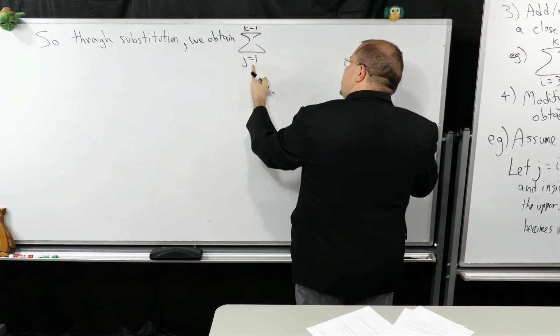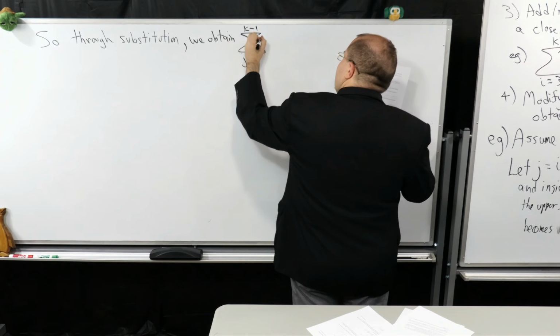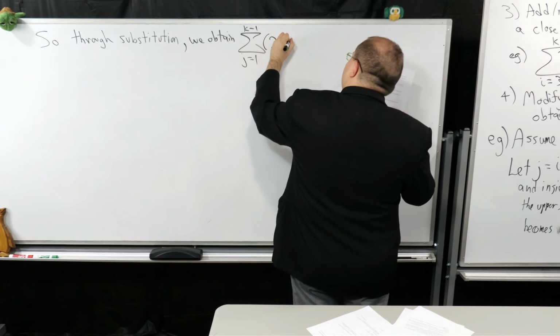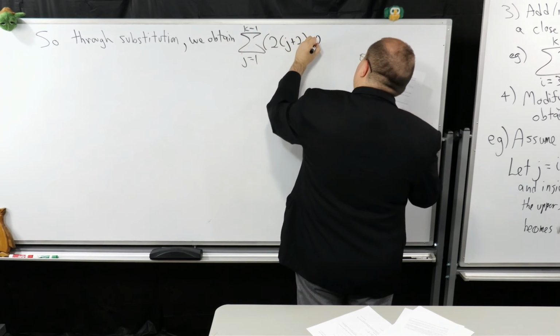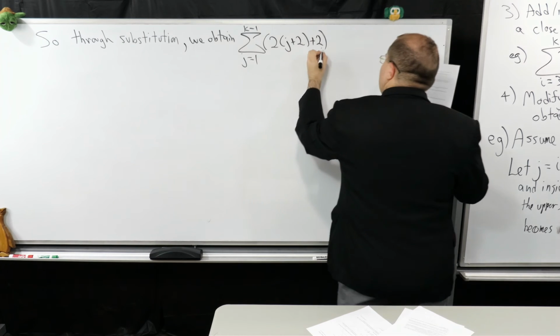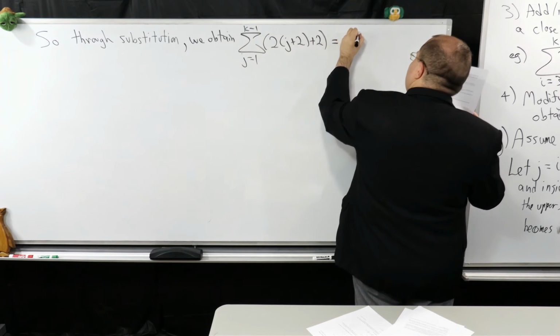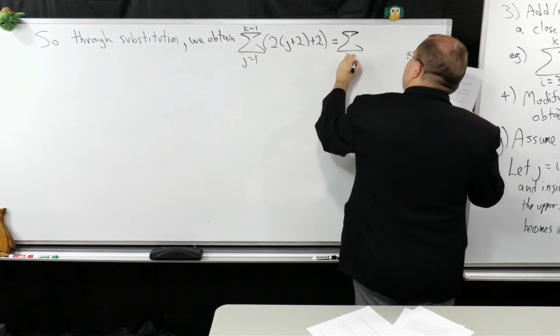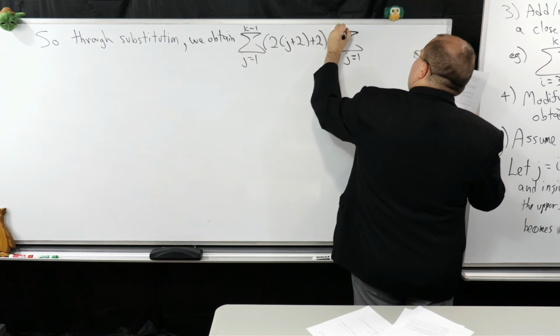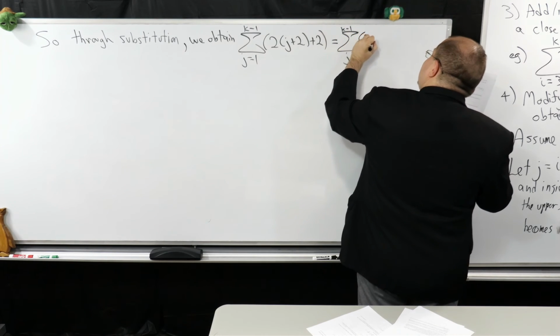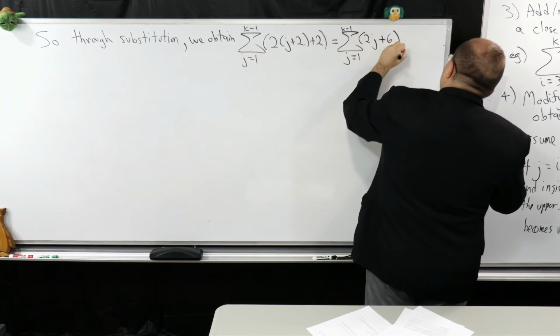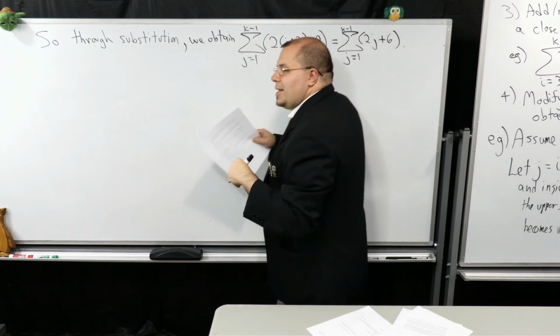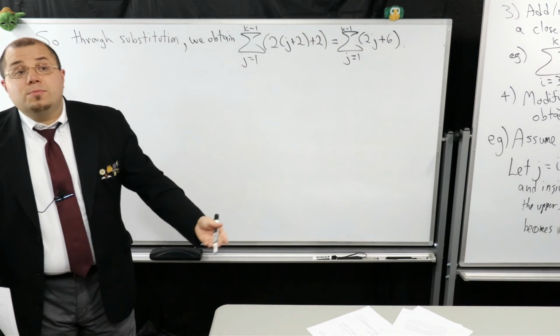Remember, this is the updated lower limit, that's the updated upper limit. And then I have 2 times j plus 2, plus 2. The summand has been updated. If you do some algebra, you'll end up with the sum from j equals 1 to k minus 1 of 2j plus 6. And now at this point, you can apply the techniques that you'd seen previously.